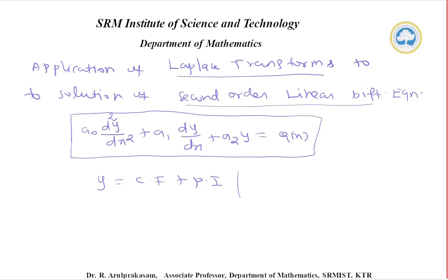Generally in the Laplace transform, instead of the variable x we use the time variable t, as you know very well. So my second order linear differential equation general form is a0 d square y divided by dt square plus a1 dy divided by dt plus a2 y is equal to some function of t, where a0 is an arbitrary constant.